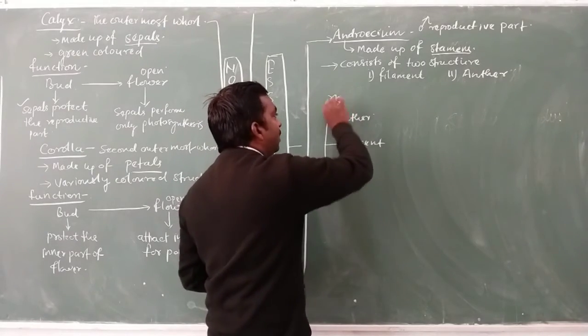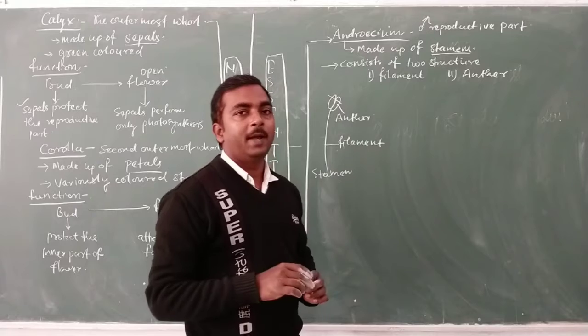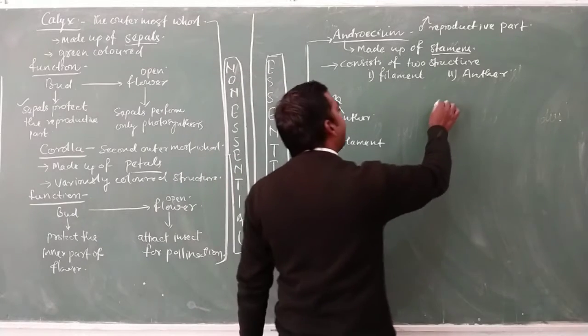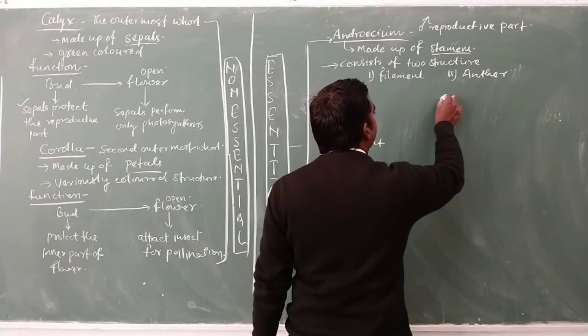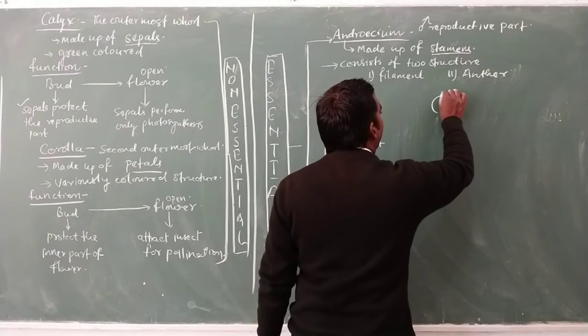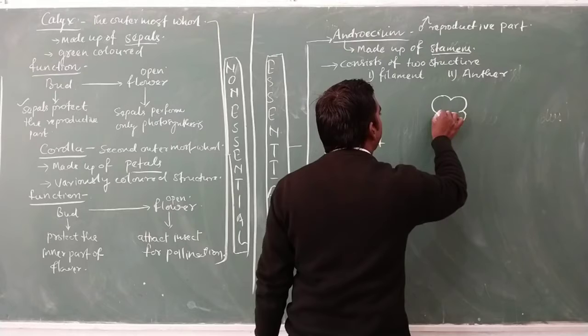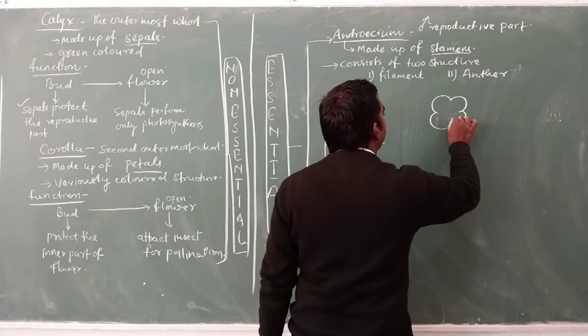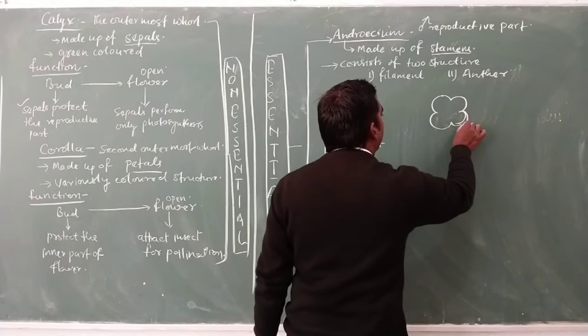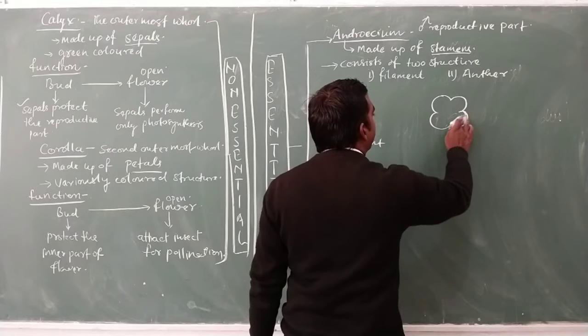So if we cut a section of anther, we can see the structure, and this structure consists of a 4 chambered structure.